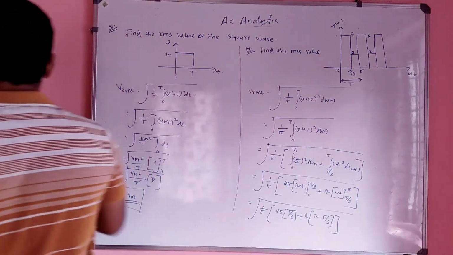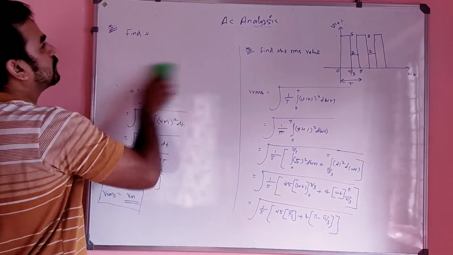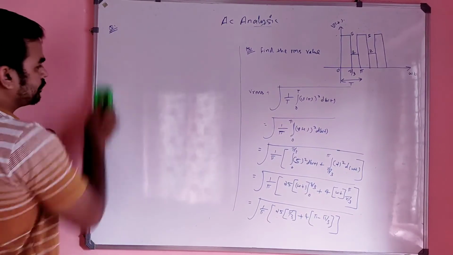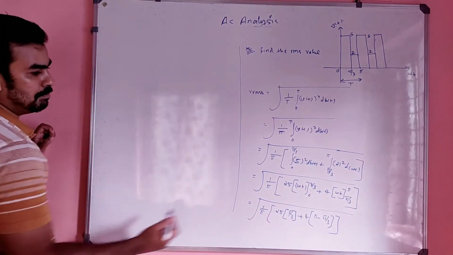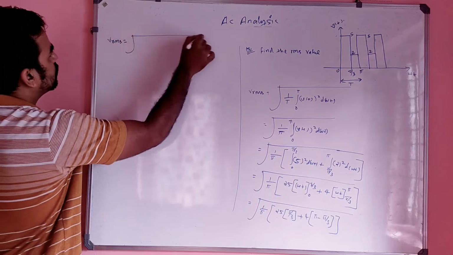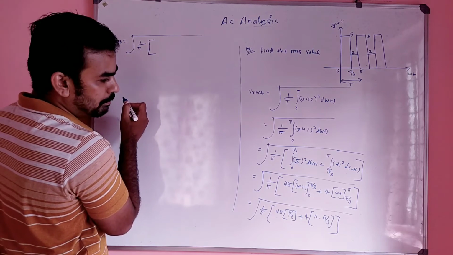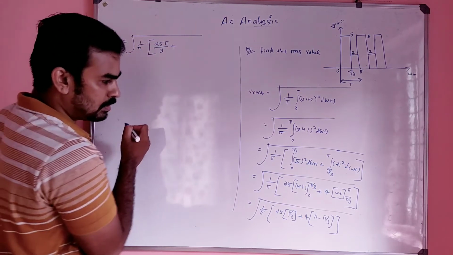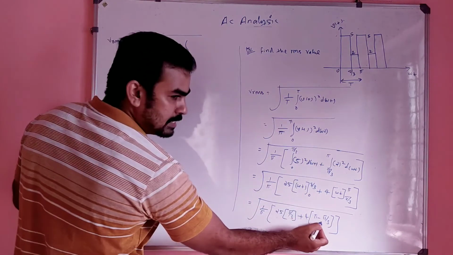V RMS will be equal to root of 1 by pi, very big common, into 25 pi by 3 plus 4 into pi minus pi by 3, which is 2 pi by 3, right?